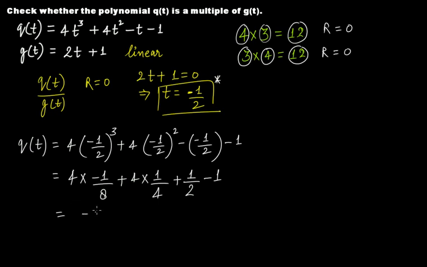This gives you minus 1 by 2 plus 1 plus 1 by 2 minus 1. If you solve it, you'll get 0. This tells you that the remainder will come 0. That is why q(t) is a multiple of g(t).